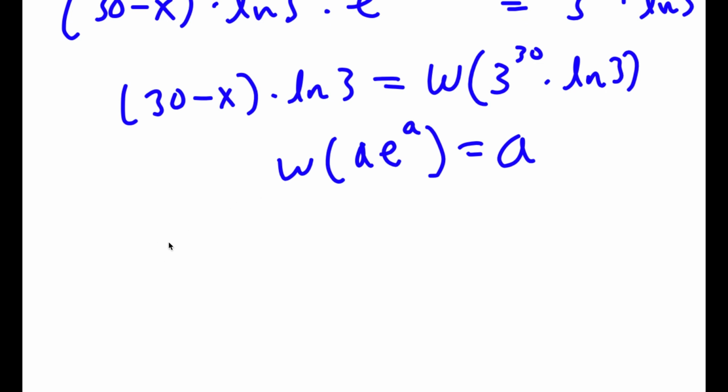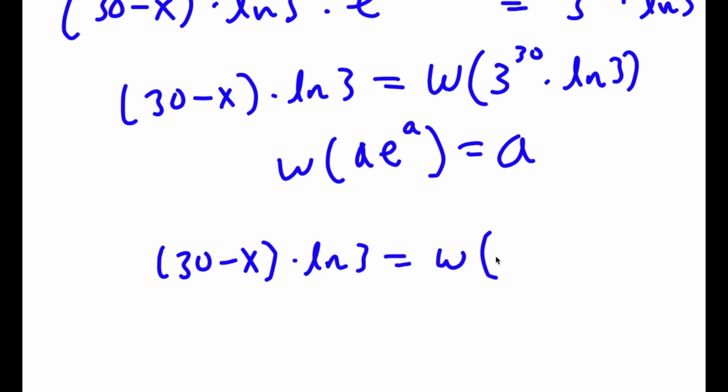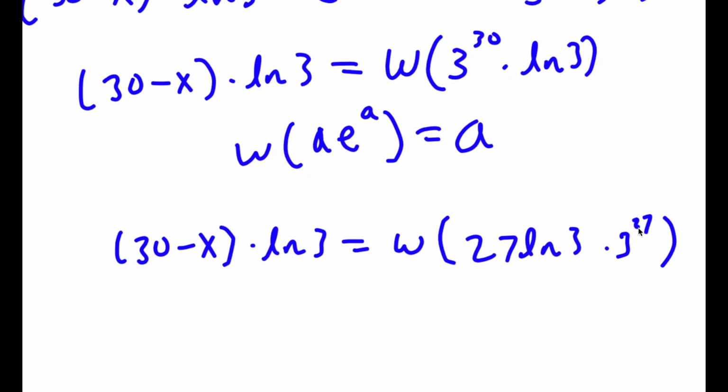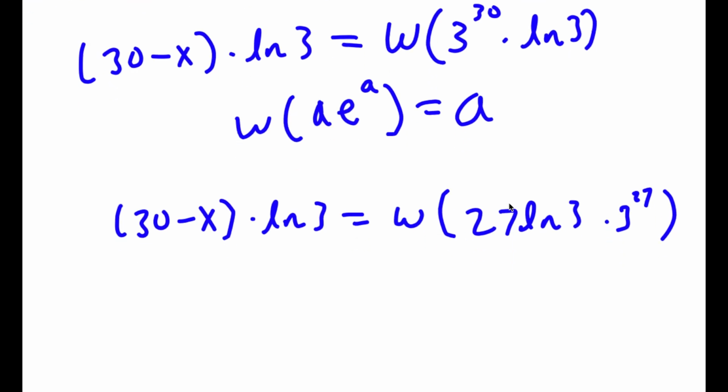So to do that, I'm going to change this to 30 minus x times ln 3 is equal to the Lambert W function of 27 ln 3 times 3 to the power of 27. So I simply took off 3 to the power of 3 from 3 to the power of 30.